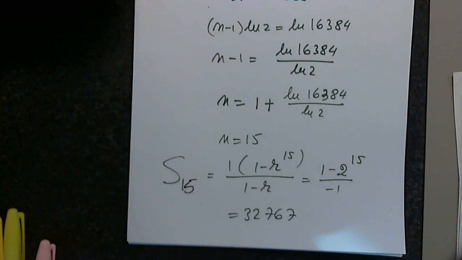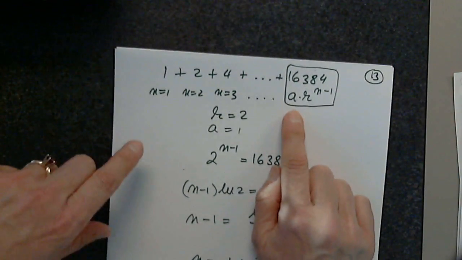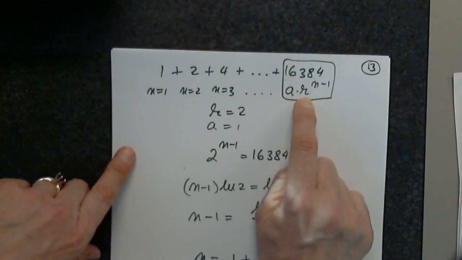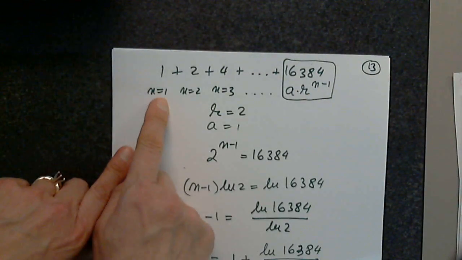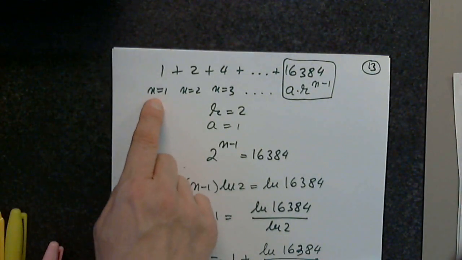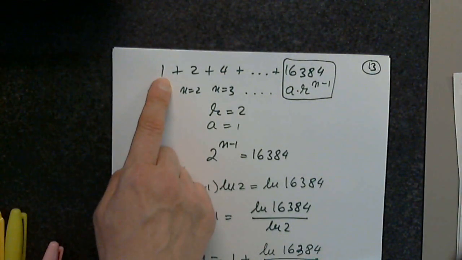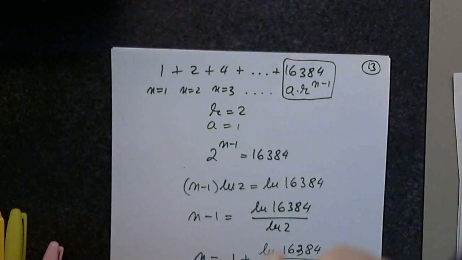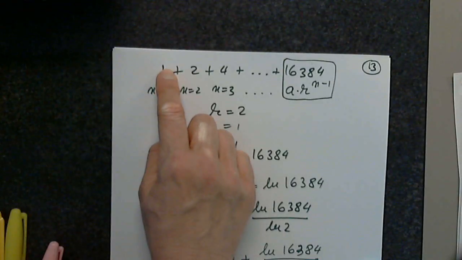So yes, always remember, when n is 1, n is 2, n is 3, it's a times r to n minus 1. Because when n is 1, r is raised to 1 minus 1, which is 0, and r to 0 is 1.